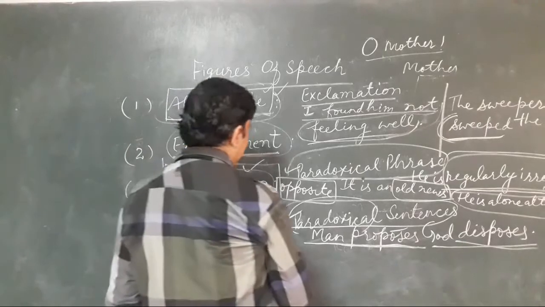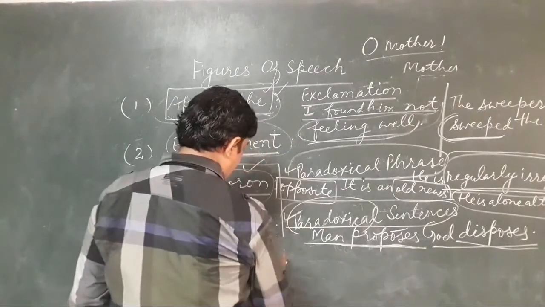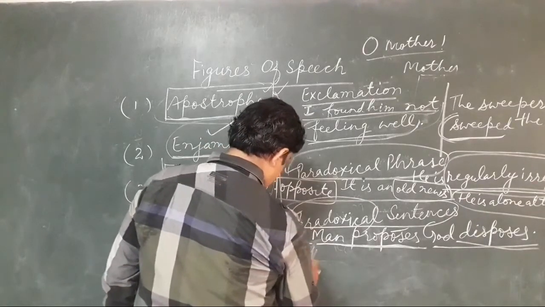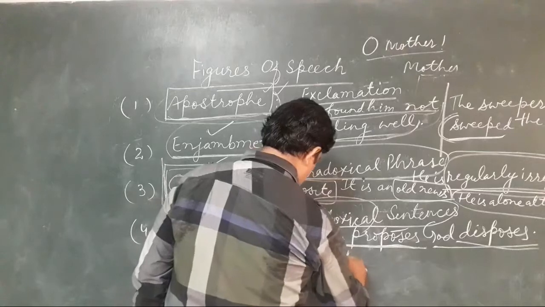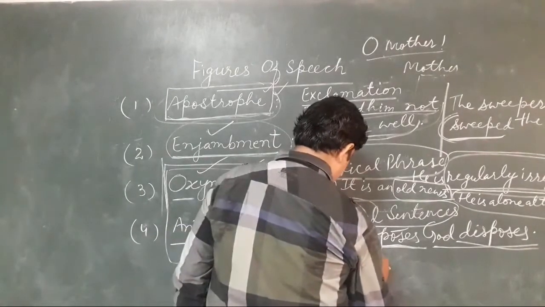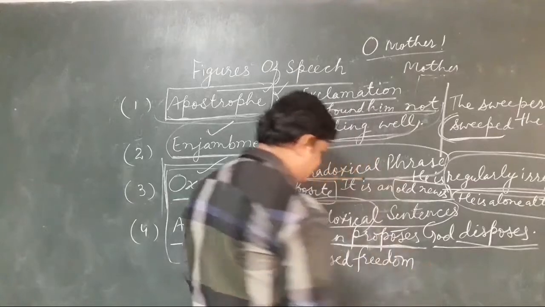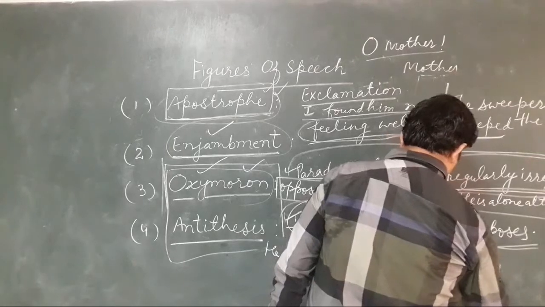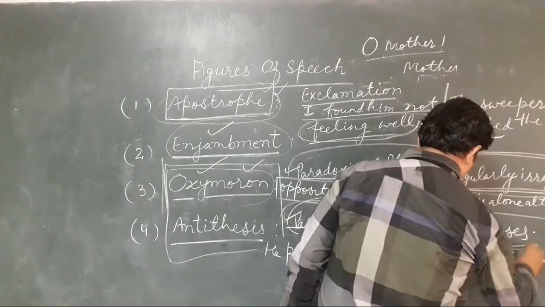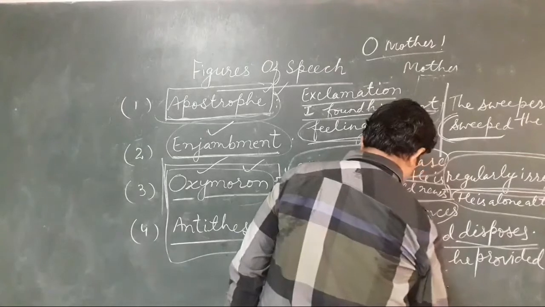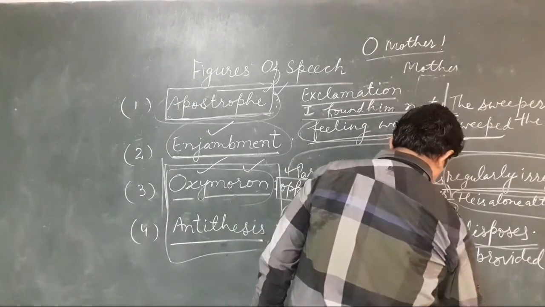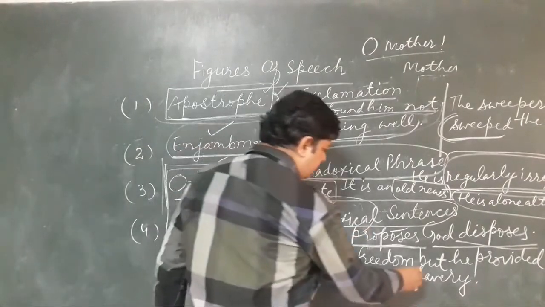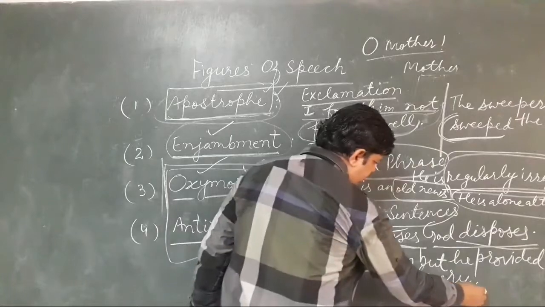One more example of the same type: "He promised freedom, but he provided slavery." Again, freedom and slavery.